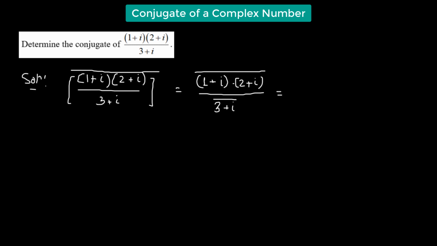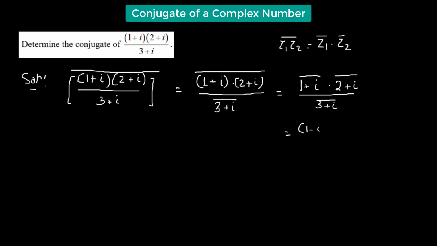Now in the numerator, we can again use the property that z1 times z2, when we take the conjugate of it, is equivalent to z1 bar times z2 bar. So that would be equal to the bar over 1 plus i multiplied by the bar over 2 plus i, divided by the bar over 3 plus i, which is equal to 1 minus i times 2 minus i divided by 3 minus i.